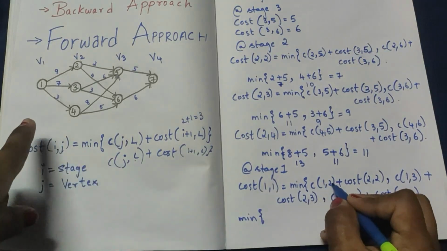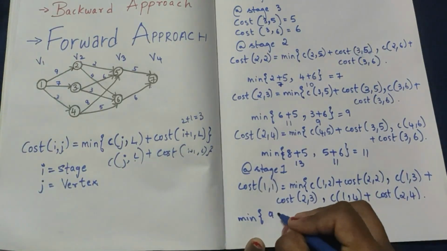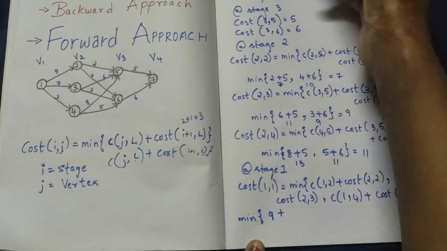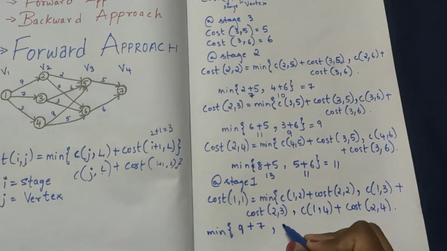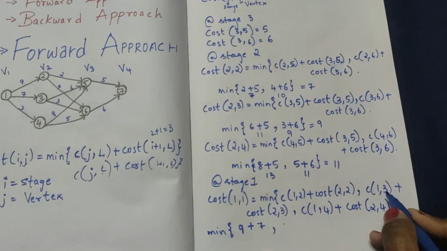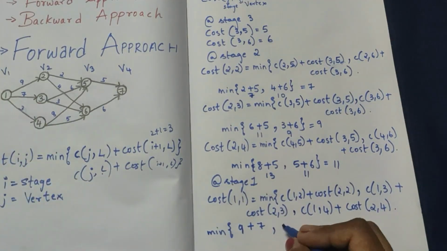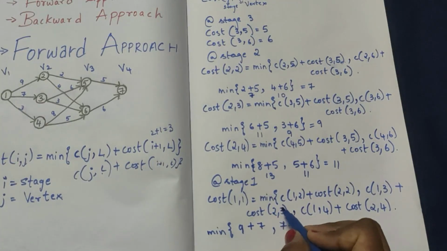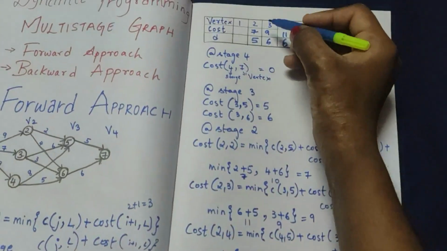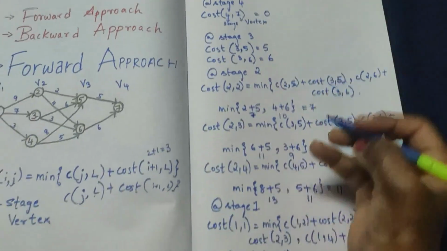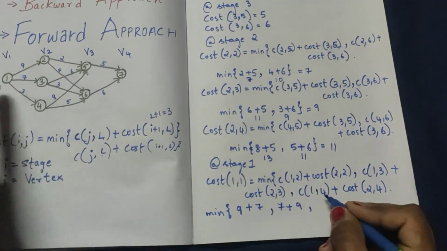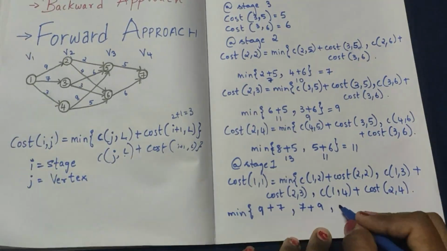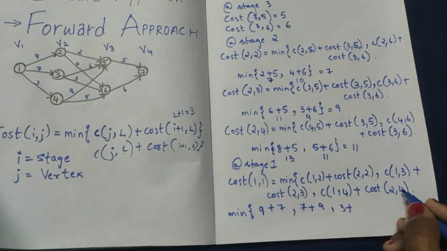So C of 1, 2 is 9 plus vertex 2 the cost is 7. C of 1, 3 it's 7 plus cost of 2 comma 3. So that means from vertex 3 the cost is 9. Now 1 comma 4, it's 3 plus the cost of 2 to 4.